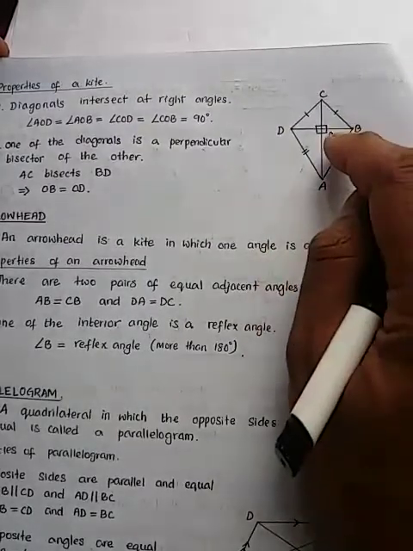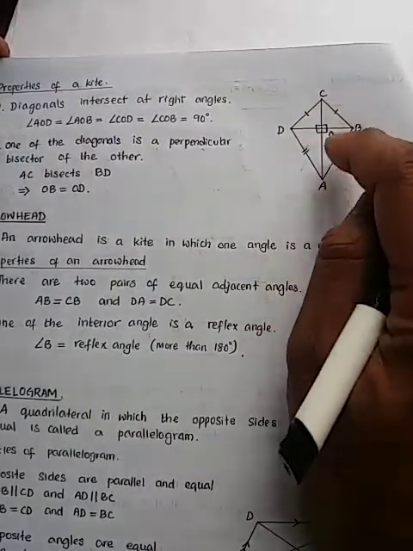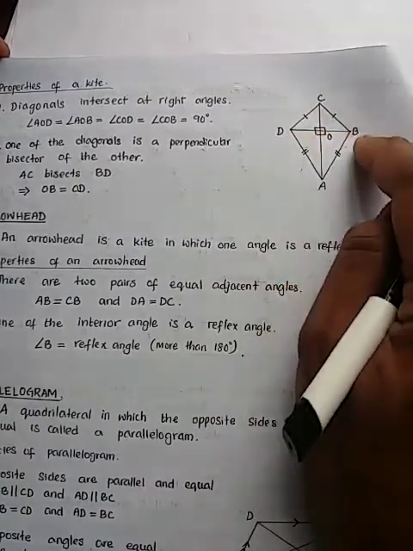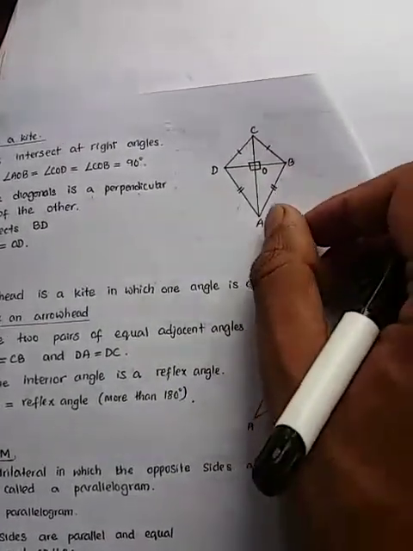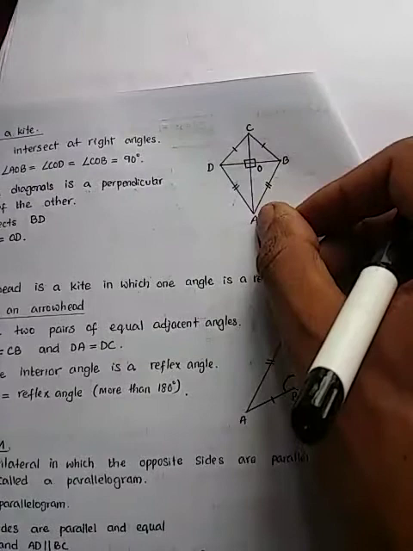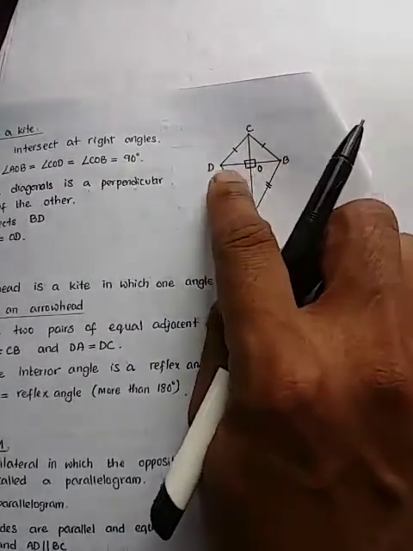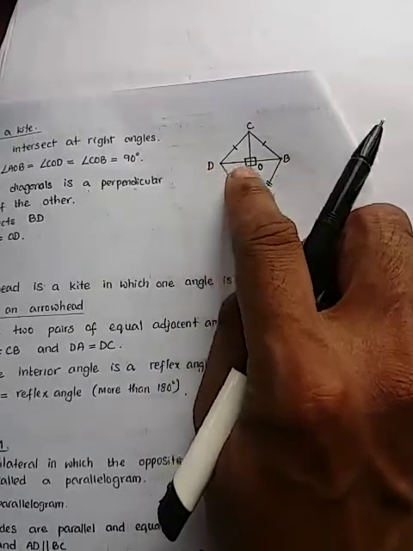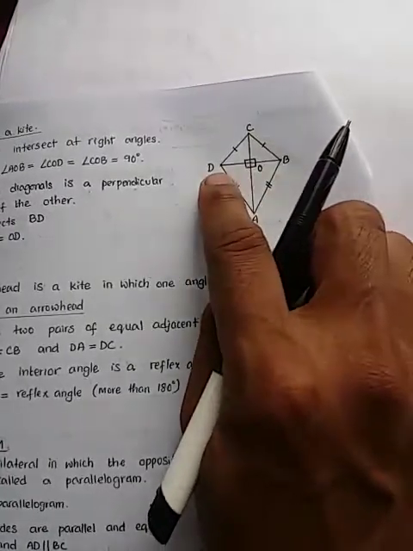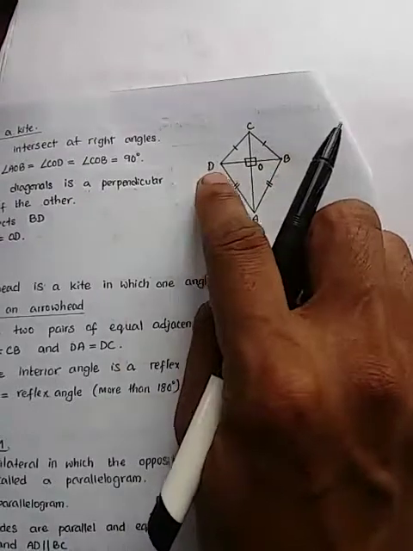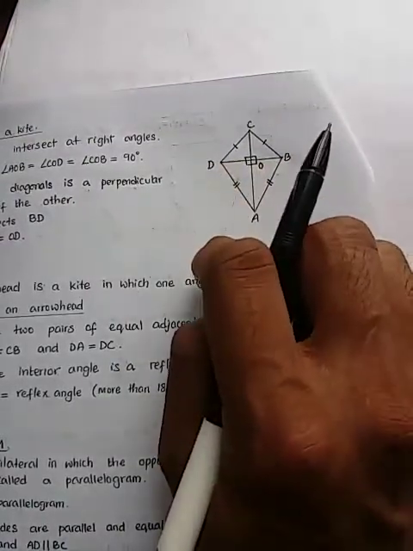Okay, and then as you can see here, one of the diagonals bisects the other diagonal. That means from this figure, this diagonal AC bisects BD, right? That means OB and OD will be equal. If AC bisects BD, that means OB and OD will be equal.